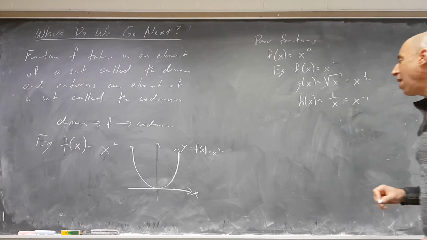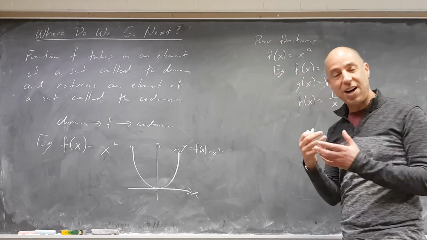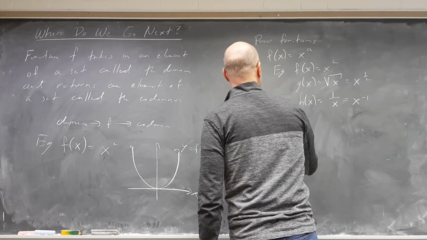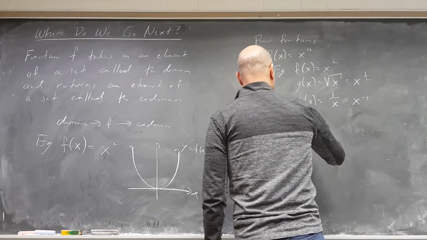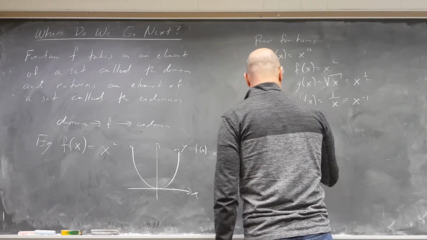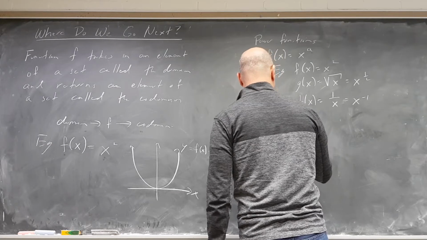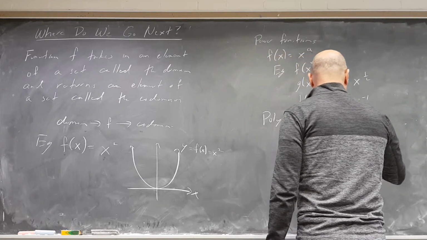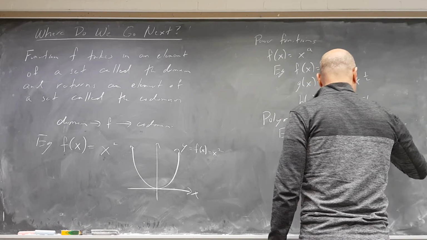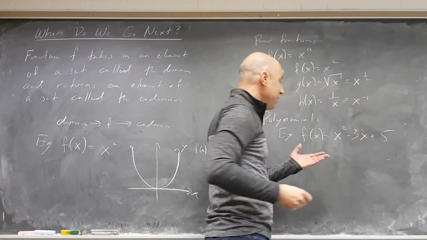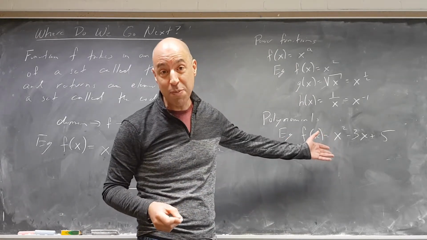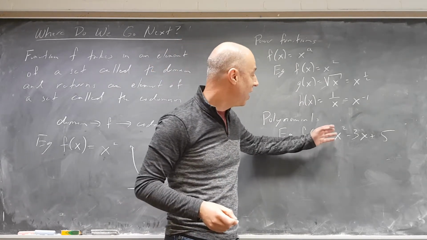We talked about polynomials, which is what you get when you take constants and power functions and stick them all together, using plus, minus, and times. So polynomials, for example, f of x equals x squared minus 3x plus 5. Perfectly nice second degree polynomial. You know right away that the shape of this is a parabola.